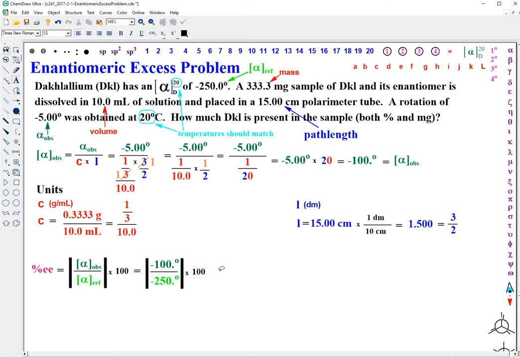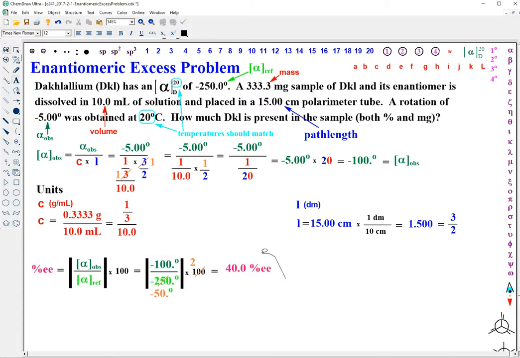I believe this number and this number can both be divided by 50, giving this result. You could do further simplification, or just realize that's negative 200 over 50, which is negative 50, sorry. But we're taking the absolute value, so the sign is now meaningless. So 40% is our final answer.